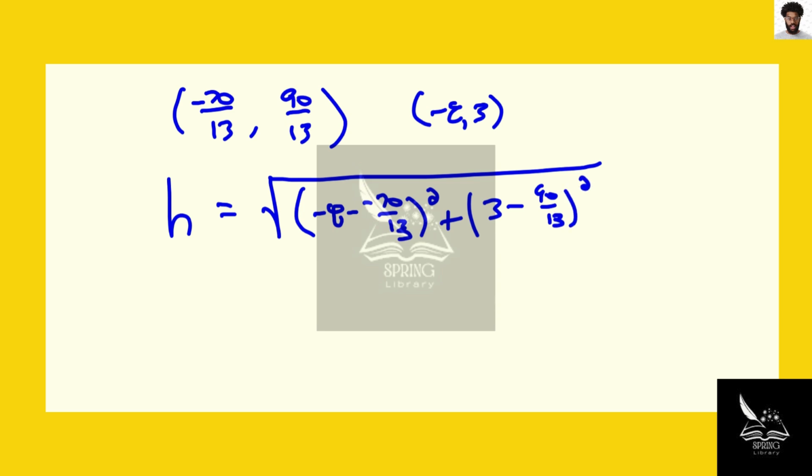So the square root of negative 8 minus negative 70/13 squared plus 3 minus 90/13 squared, or about 13.95.